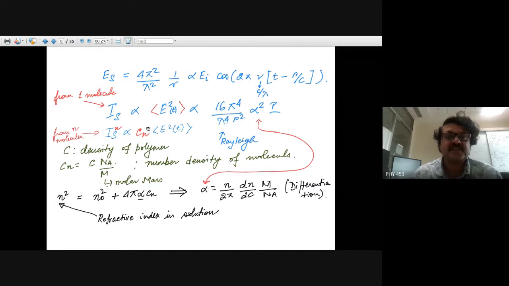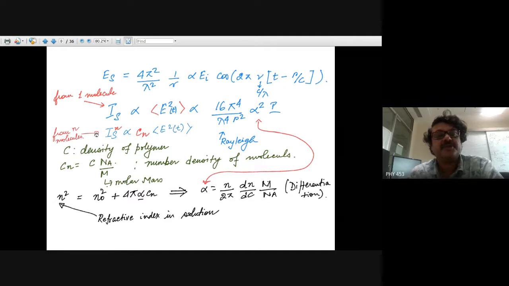So what do you see? The scattered intensity goes down as lambda to the power 4, which you might know as the Rayleigh scattering result, right? And it decreases as 1/r squared. Alpha is the polarizability of the molecule, and I is intensity, right?